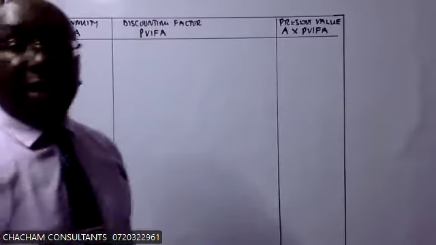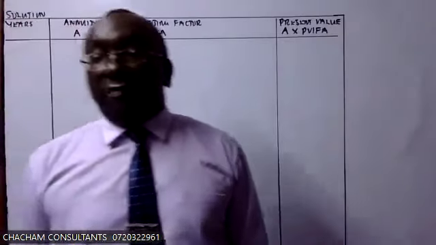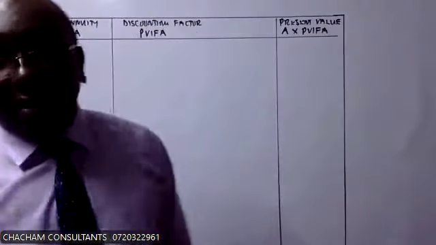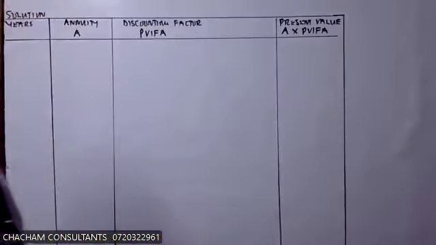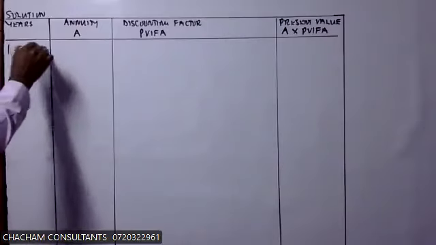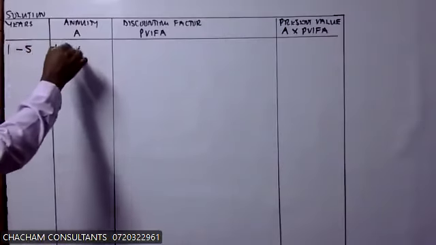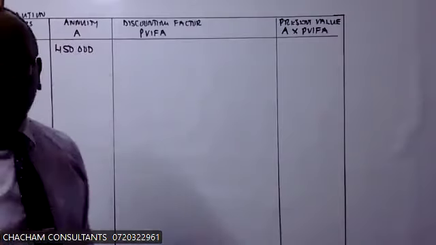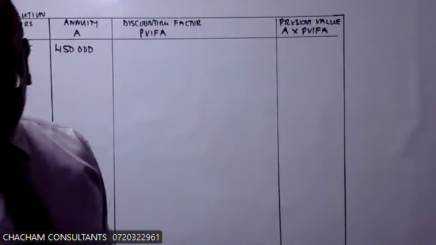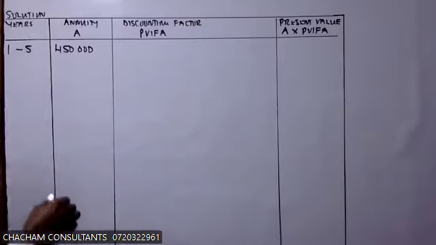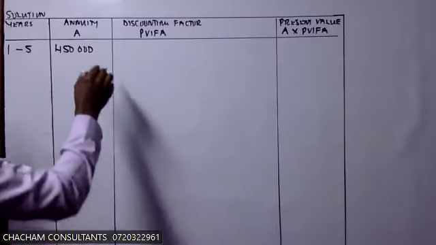Remember, as I said earlier, instead of using the formula, you can just go to the table and read the tables that have computed those things. So for the first phase, year 1 to 5, the amount is 450,000. So the PVIF, for this question I want to use the table.